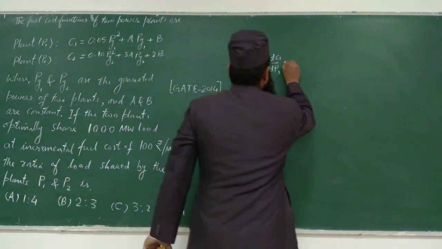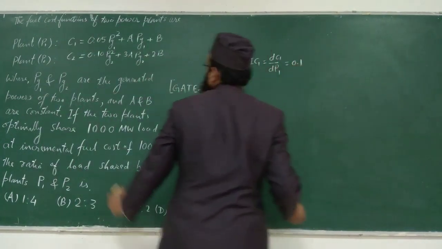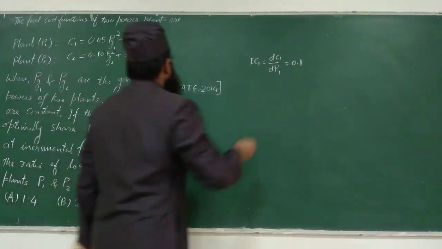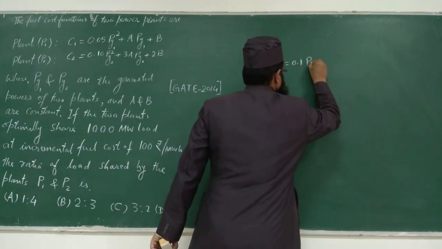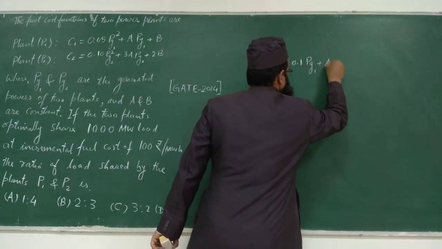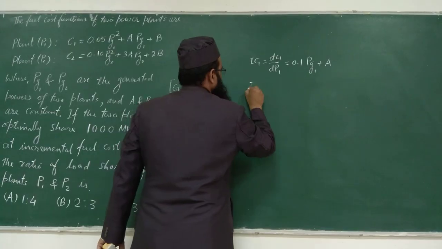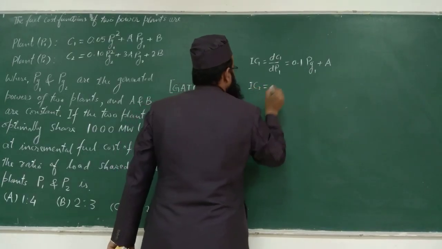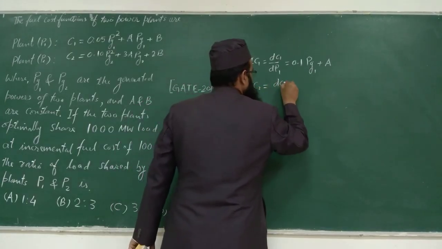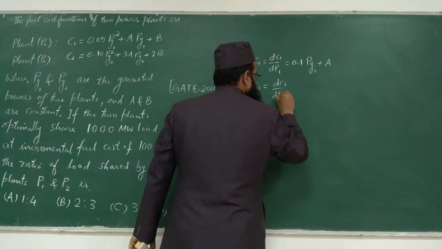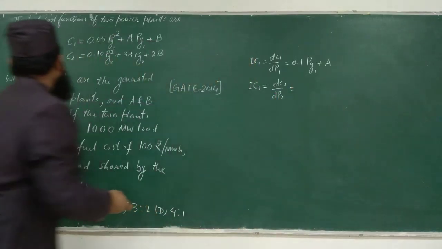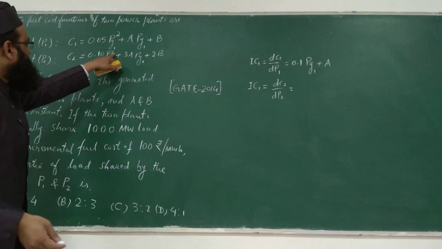So IC1 is 0.1 Pg1 plus A. And what about IC2? Incremental fuel cost of the second plant, dC2 upon dP2, will be equal to, this is square, right?